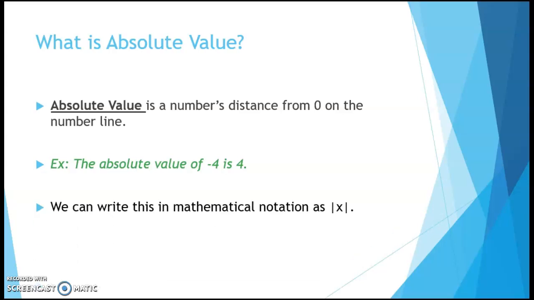We can write this in mathematical notation as what you see on the screen. So I will just call those bars. So another example would be what you see on the screen. I could say the absolute value of -4 is 4. That would be how I would read that example.